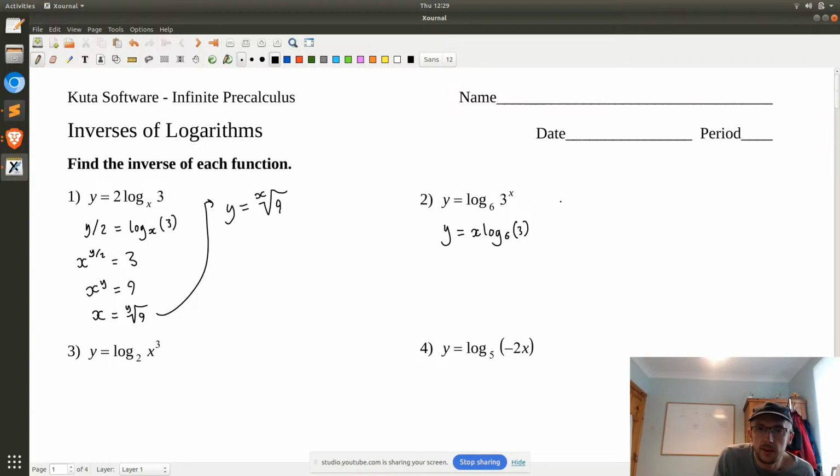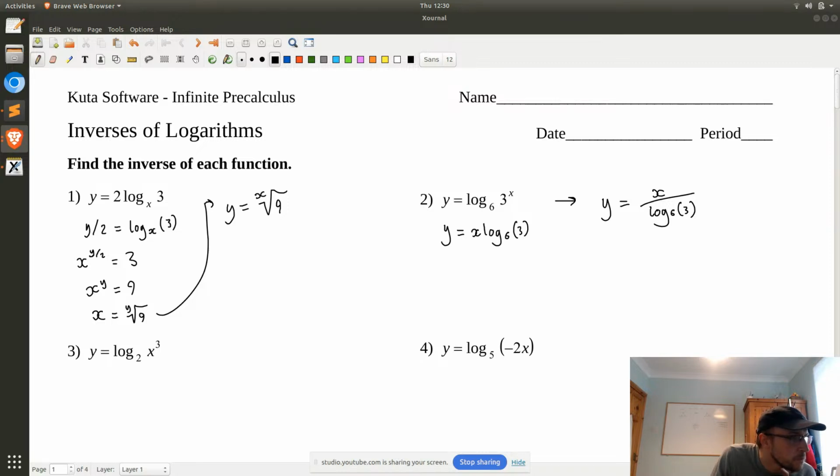And so the inverse function, when you swap the variables, would look like x over log base 6 of 3, I think. But we must check.